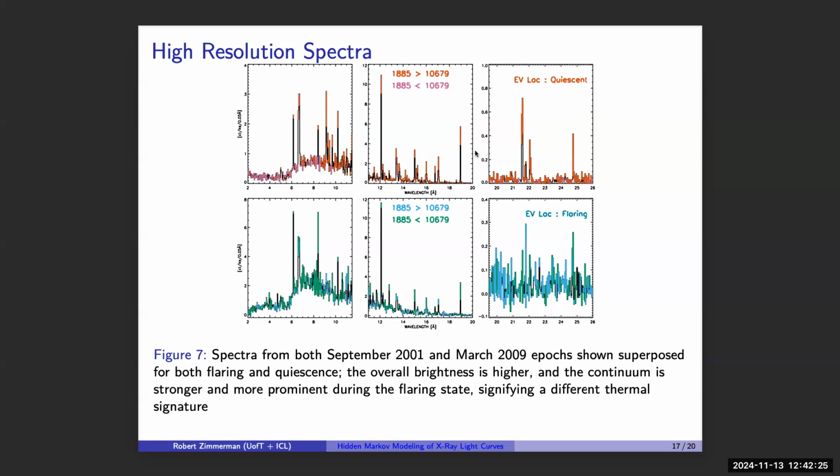These are grating data obtained with the, I forgot whether HETG or LETG, but the important point is that with no additional analysis of any sort, we just took the intervals over which the quiescent part was set and overplotted the spectra, and you can see how nicely it matches.